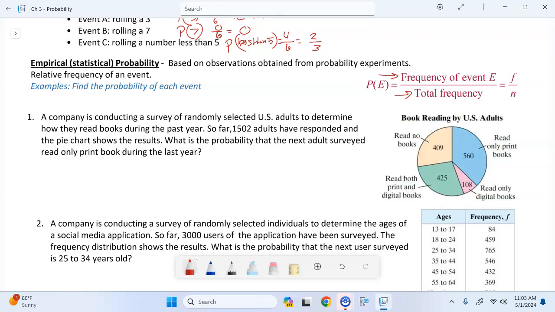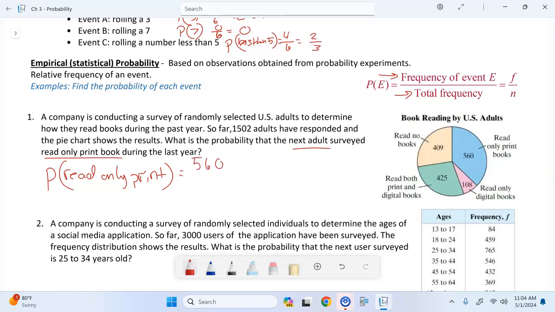What's the probability that the next adult surveyed read only print books during the year? So we're trying to find the probability of the event where they read only print books. Well, based on our results, what is the frequency that responded with only print books? 560.